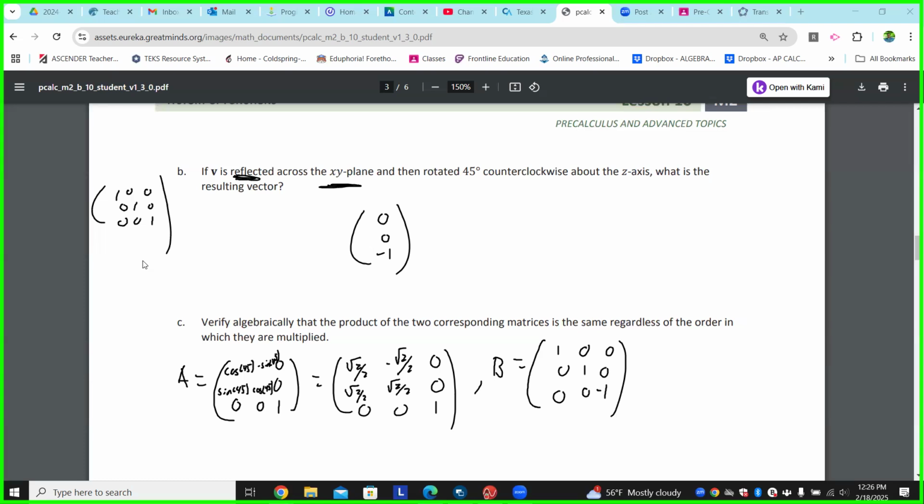Good questions there. All right, so what I want y'all to do is figure out what A times B is and what B times A is and see what the answer is. So I'll give you some time to do that, and then we'll check it.